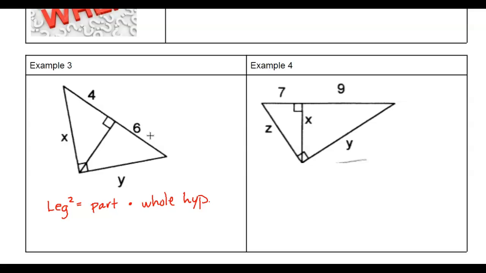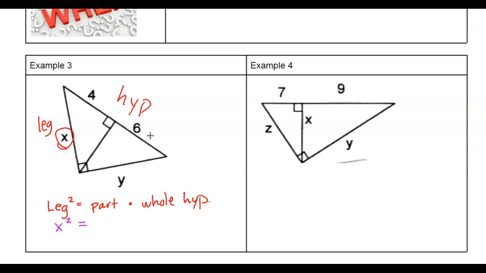So let's look. If I want to find x, so this is a leg, this is the hypotenuse because here's the right angle, and then this is a leg. So I'm just going to ignore this for a second, so I'll go ahead and erase it. So my leg is x.